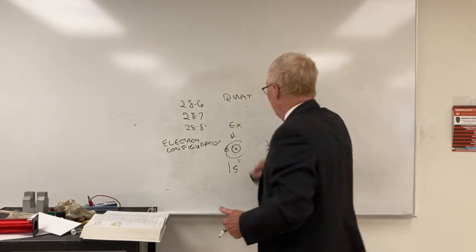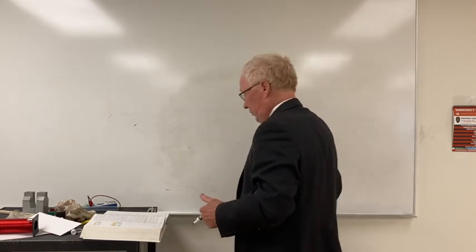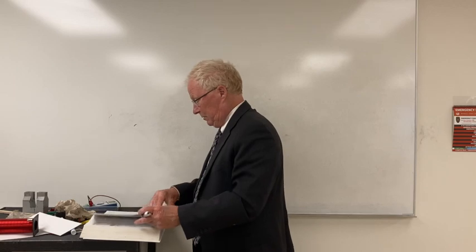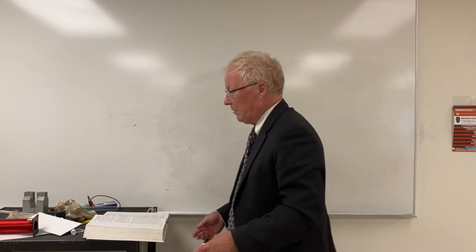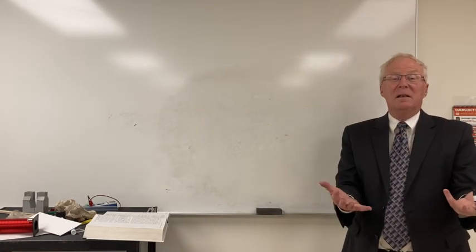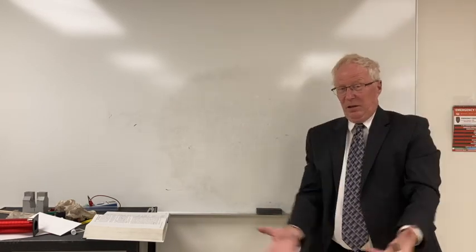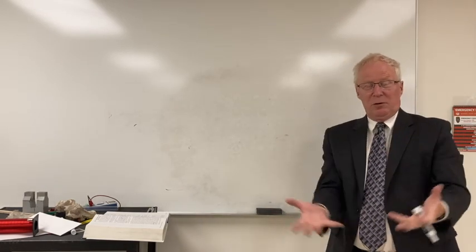Okay, we're skipping chapter 29, even though I have it listed. So the next chapter is 30. Okay, and 30 and 31 deal with the nucleus. All right, chapters 27 and 28 deal with the electronic structure, how electrons are configured.